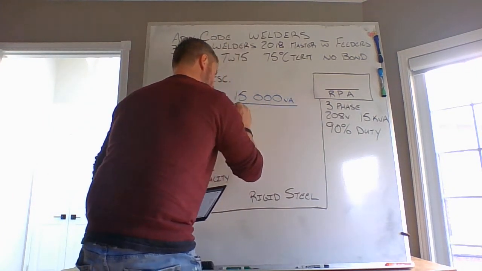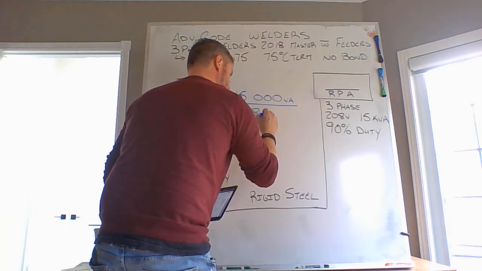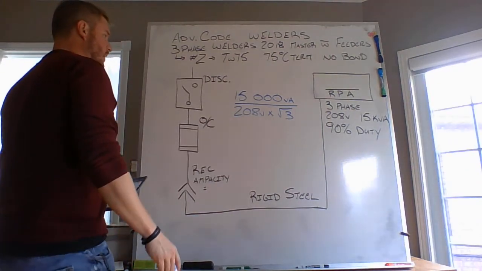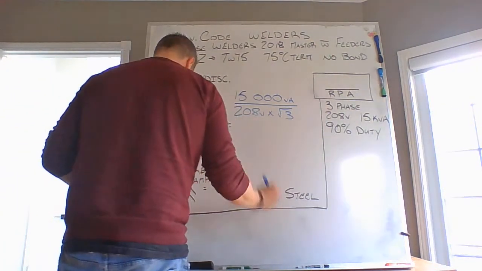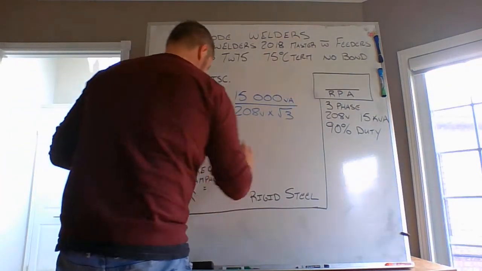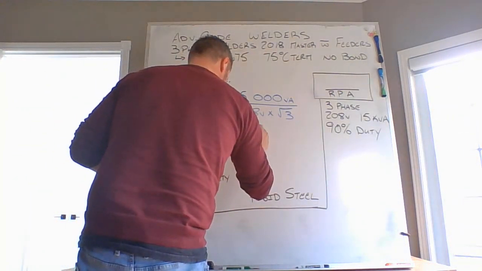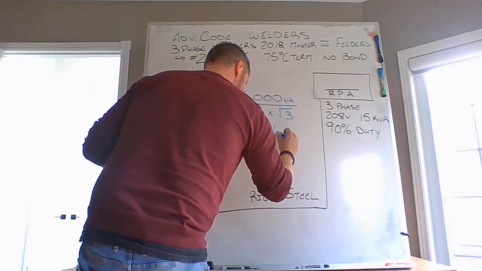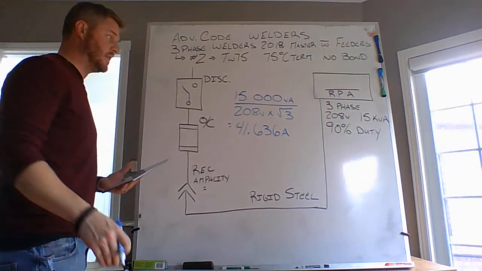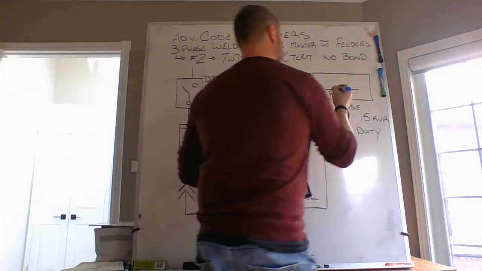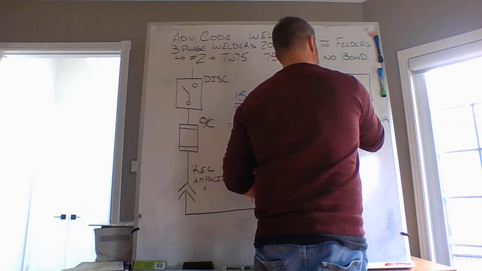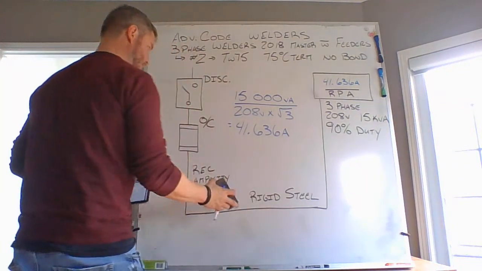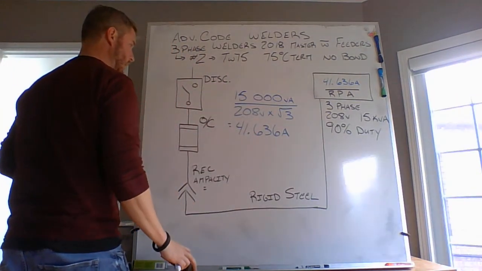Divide that by our nominal 208 volts times the square root of 3, giving us a rated primary current, an RPA, 41.636 amps. 41.636 amps. Good. Simple Ohm's law calculation. 41.636 amps as a rated primary current. Good. Calculated that one.